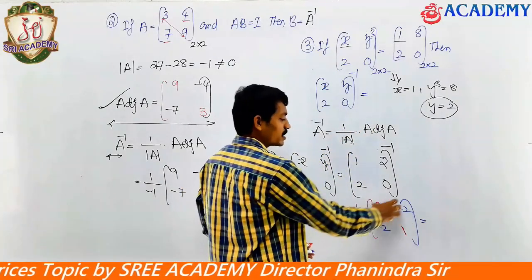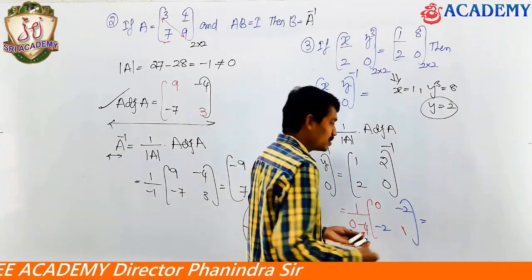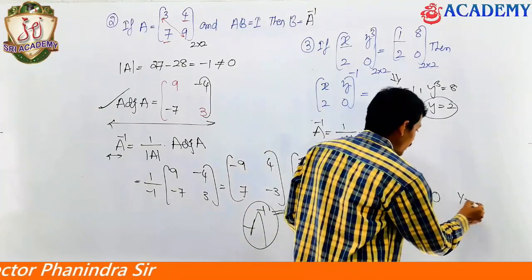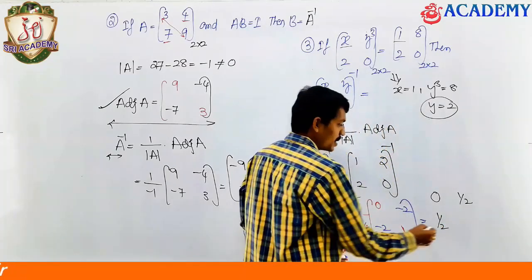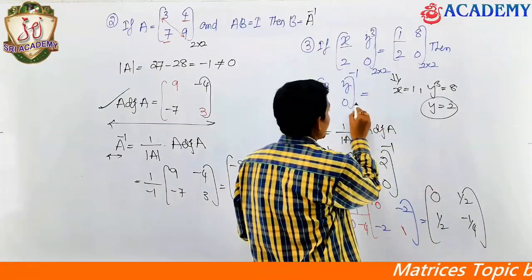This is going to be the inverse matrix. By simplifying, 0 by minus 4 is nothing but 0 only. Minus 2 divided by minus 4 is nothing but 1 by 2. Minus 2 divided by minus 4 is nothing but 1 by 2. 1 by minus 4 is minus 1 by 4. This is going to be the inverse matrix for this.